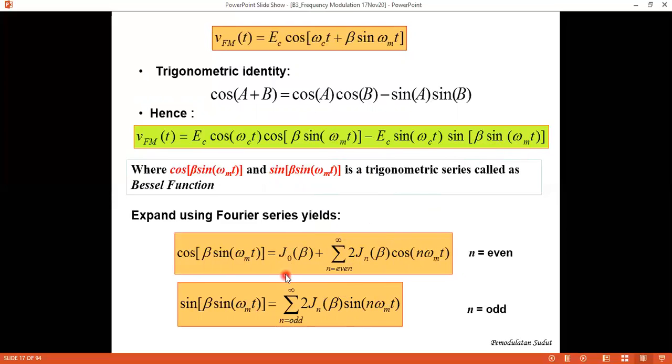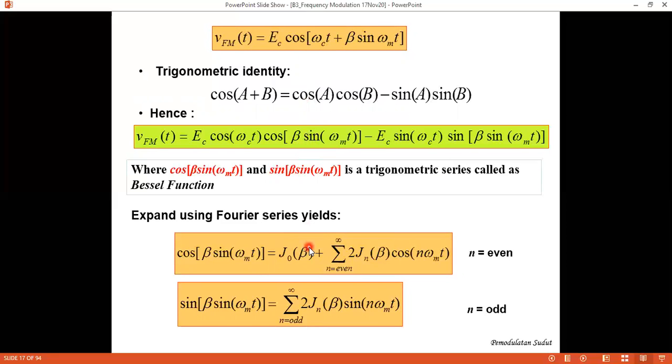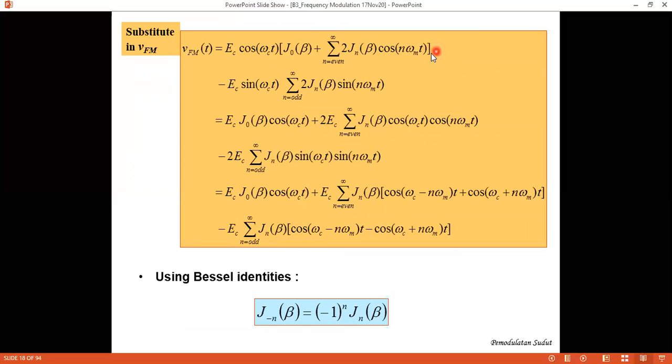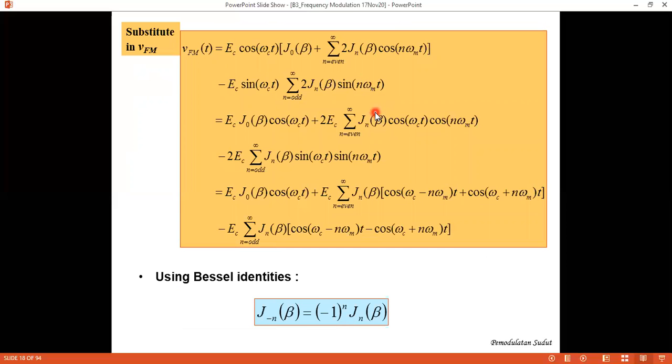So based on these two equations, our FM equation becomes Ec cos omega_c t times J0(beta) for the cos(beta sin omega_m t) part, minus the sin omega_c t term for the sin(beta sin omega_m t) part.